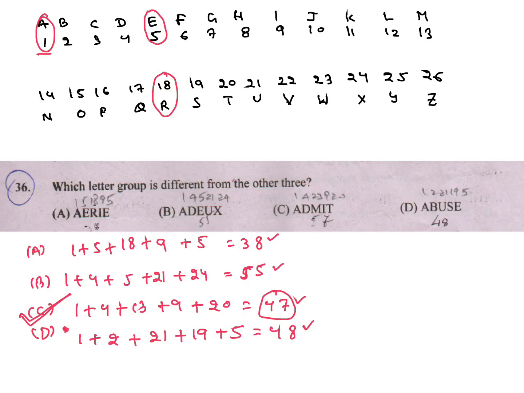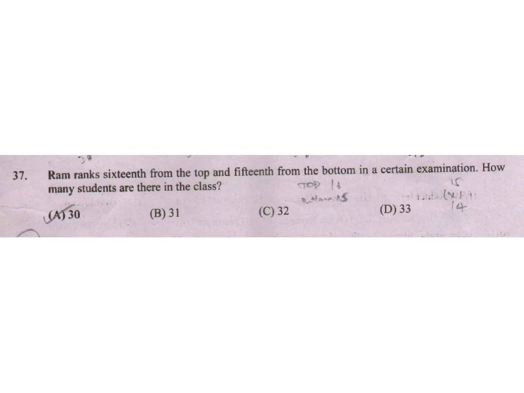Ram ranks 16th from the top and 15th from the bottom in a certain examination. How many students are there in the class? Direct formula. So here, let this is the place of Ram, this side top, this side bottom.